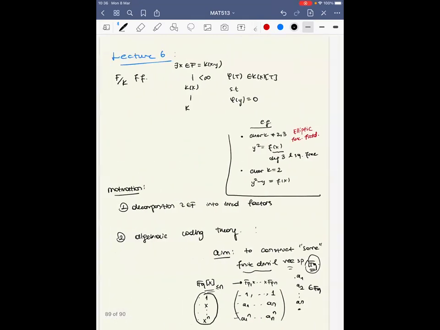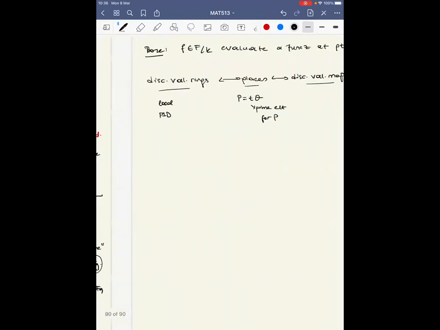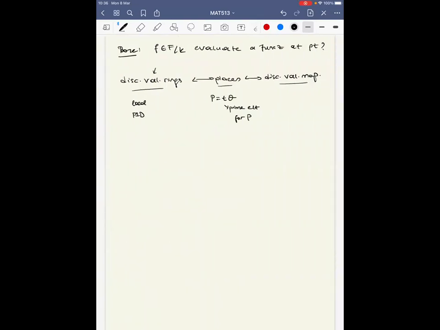And regarding these two motivations, we introduced two notions. One is called the discrete valuation rings and the places. We consider their properties, and particularly the generator of the place will be called a prime element and will play an important role in the representation of the functions.